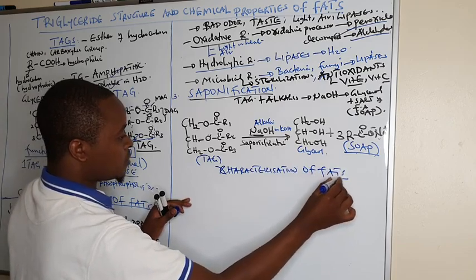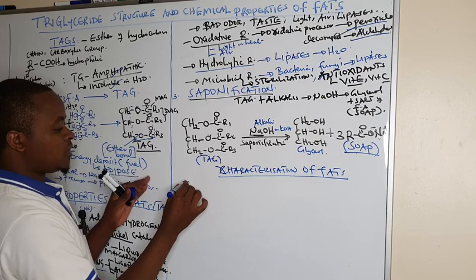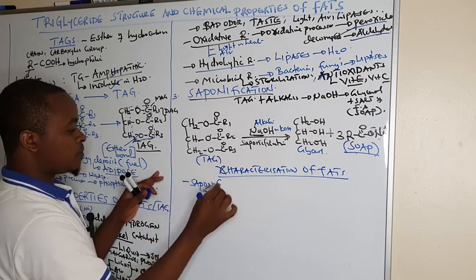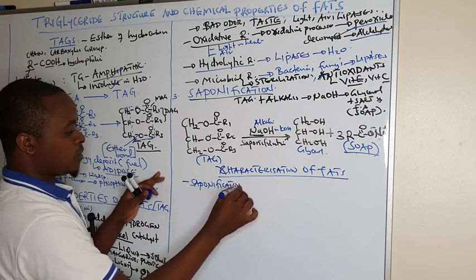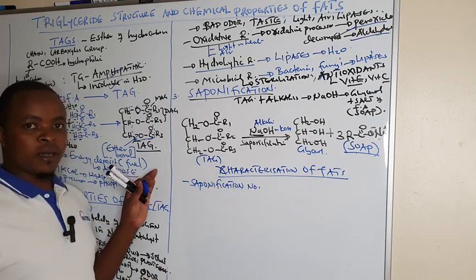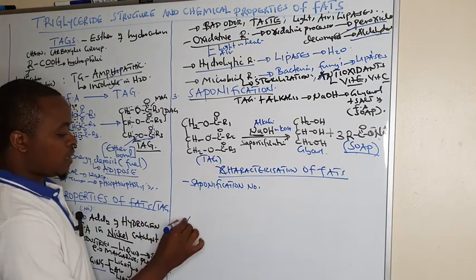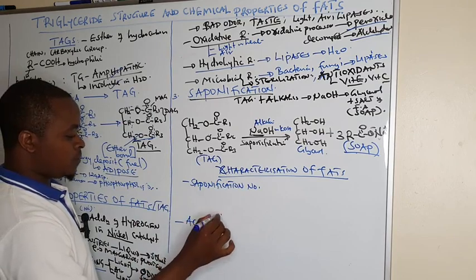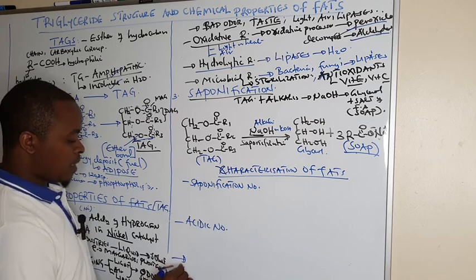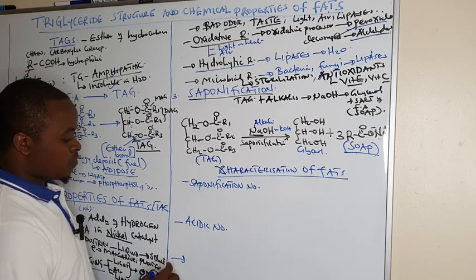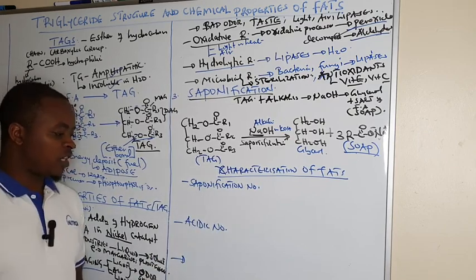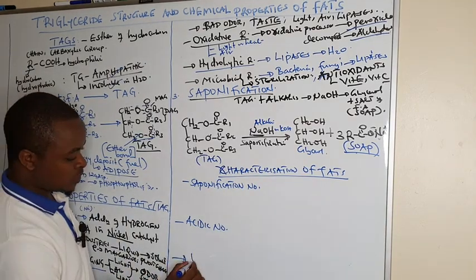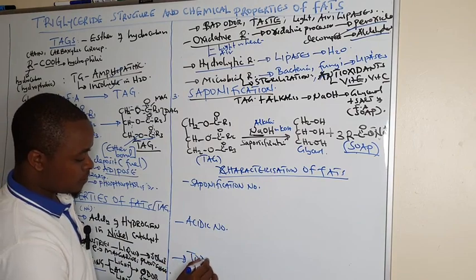They can be characterized by saponification number, acidic number, and lastly the iodine number.